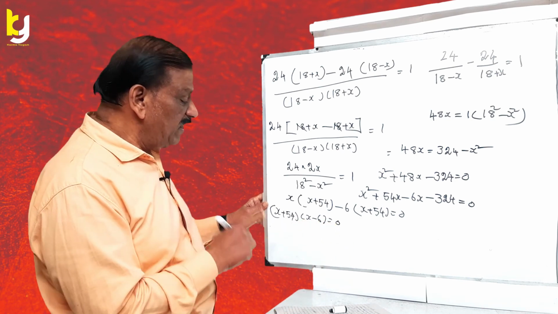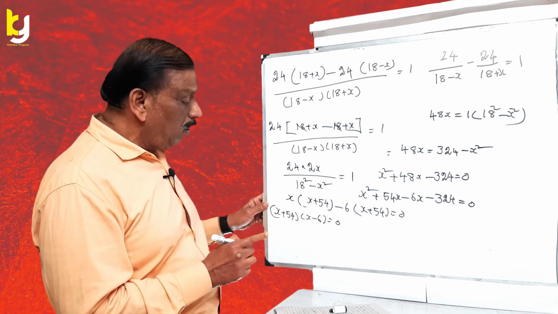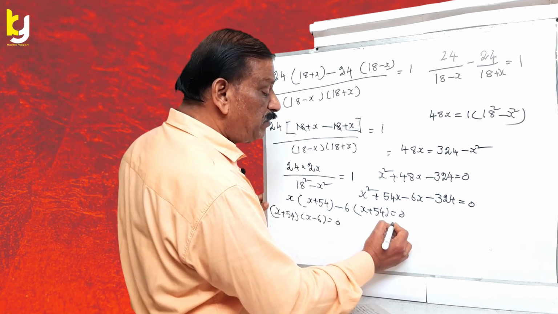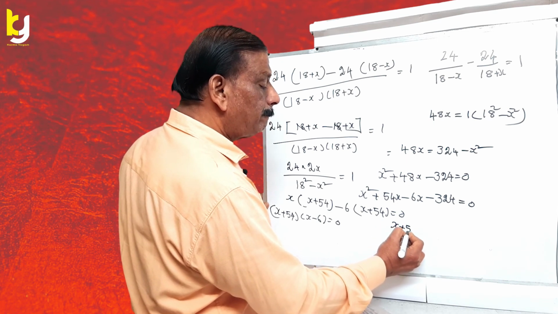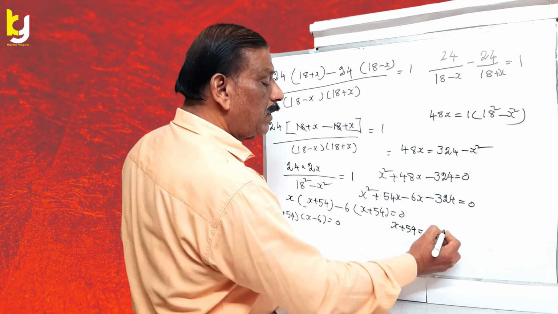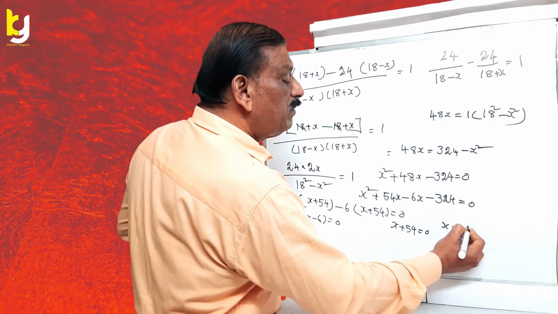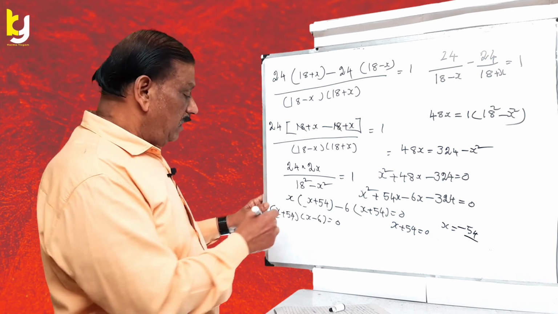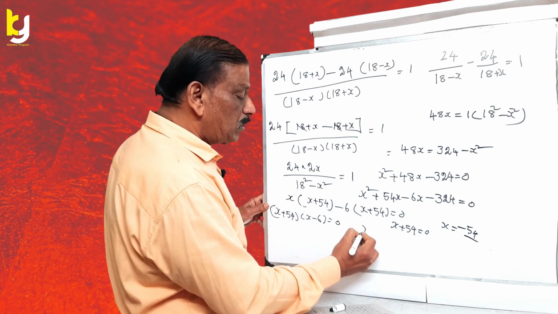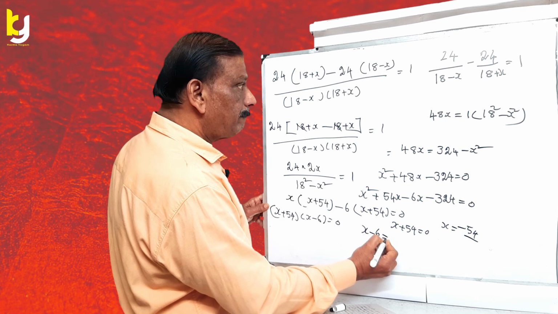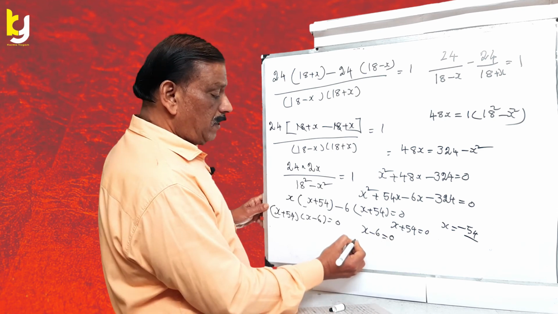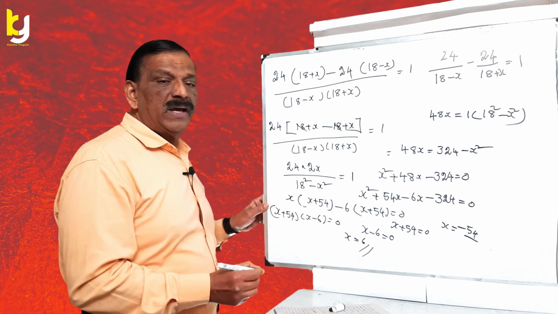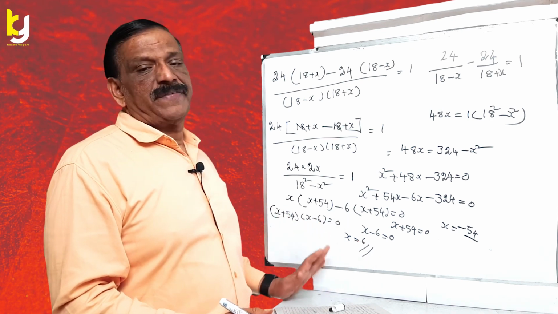Which means either x plus 54 equal to 0 or x minus 6 equal to 0. So x plus 54 equal to 0, x equals minus 54. We will not take negative. Then x minus 6 equal to 0, x equals 6. Therefore, the answer is 6.